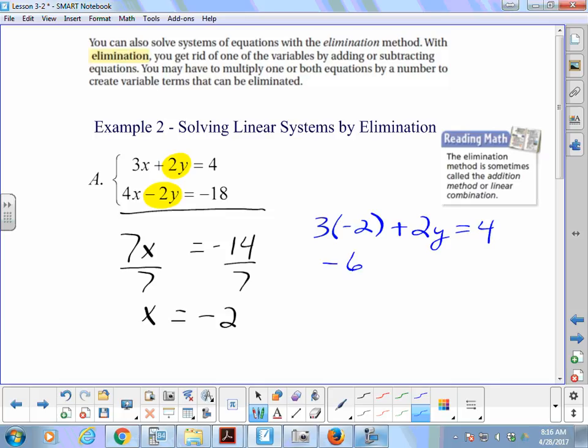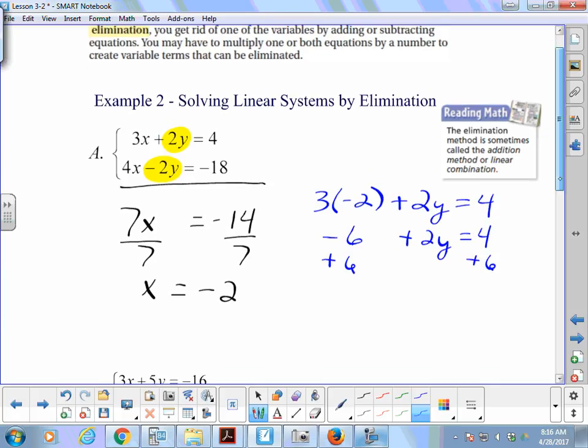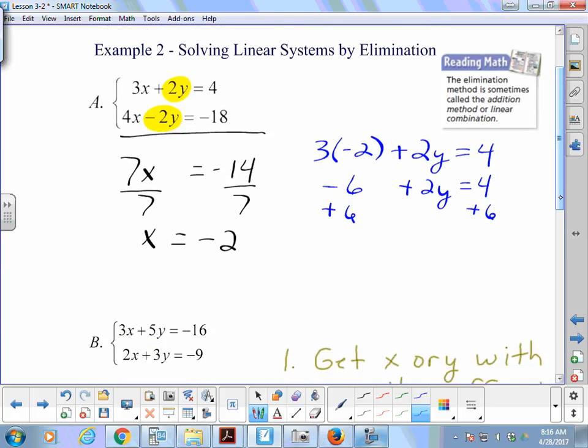And then you just need to solve it. And then once again, make sure you write your answer as a point.